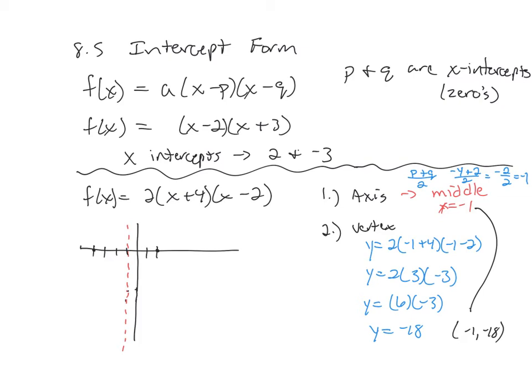So we take the axis, and then what we get when we plug it in. So it's on the dotted line. It's on the axis of symmetry. It's way down here. That's -18. You can label it like that. I'm totally fine with that.